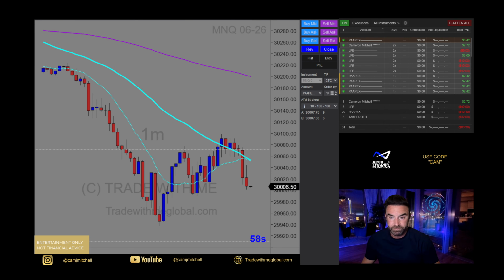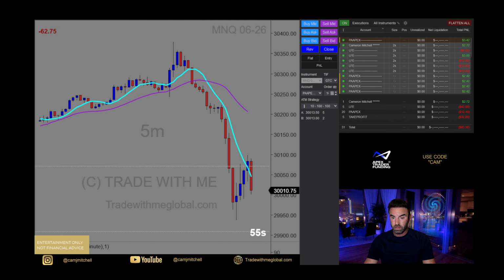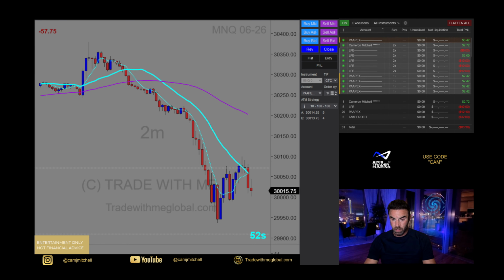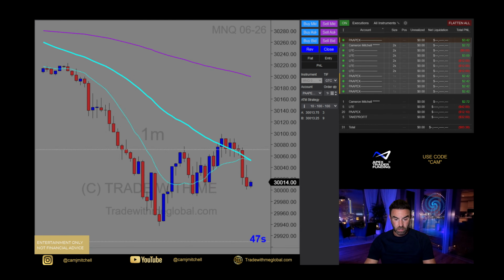Okay, well this looks interesting. Well, it had a great chance to really go up then, and it didn't, so we're just consolidating now. It's had a chance to go up, it's had a chance to go down.